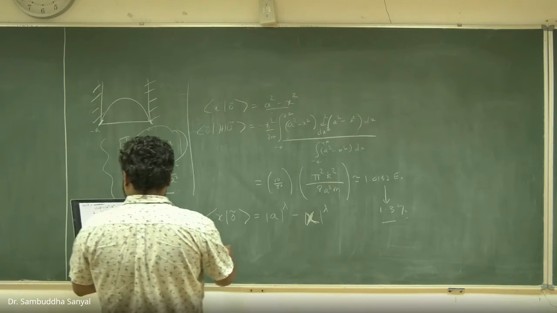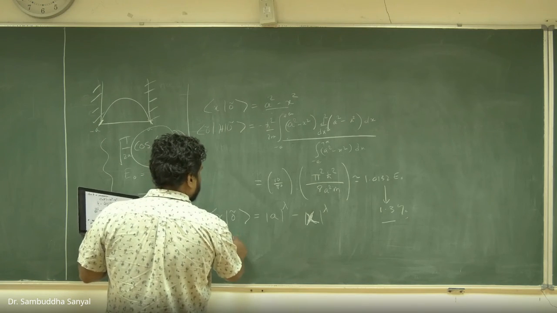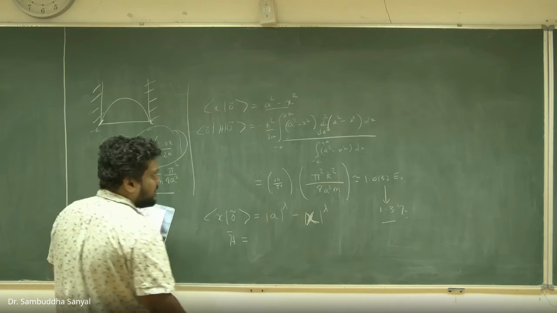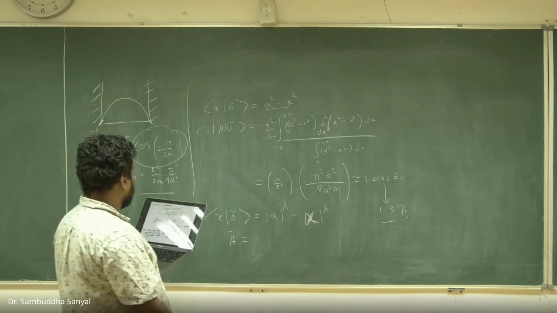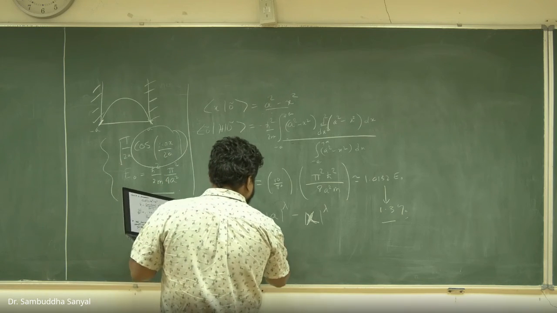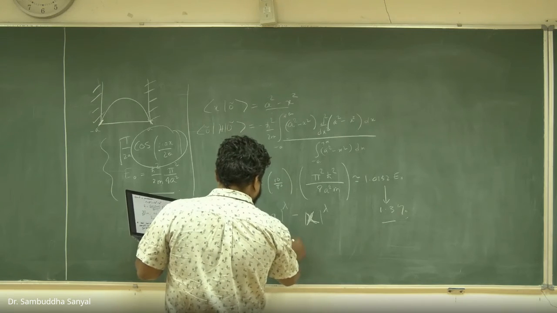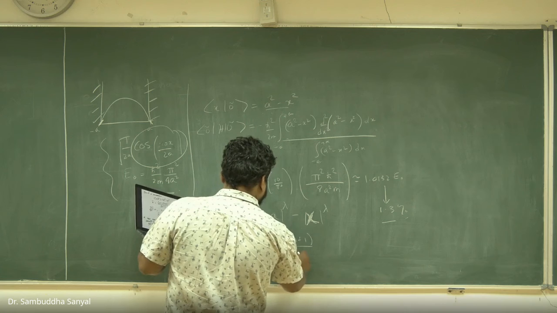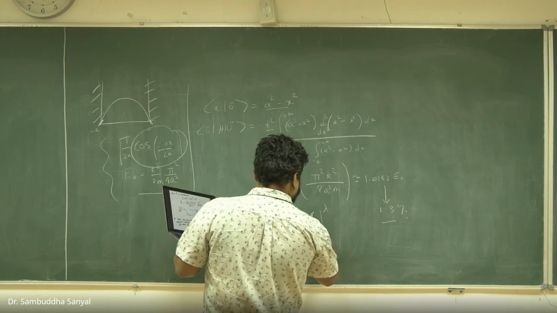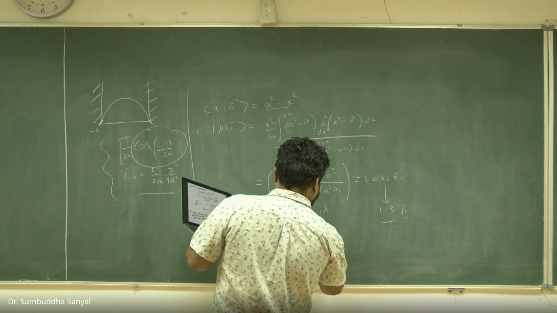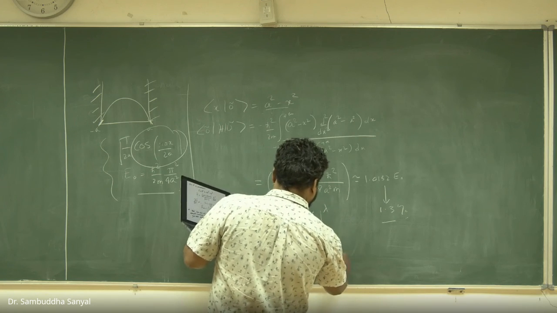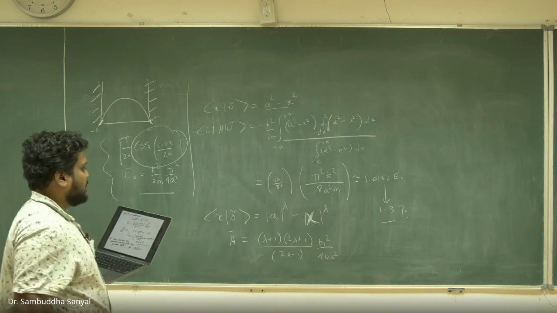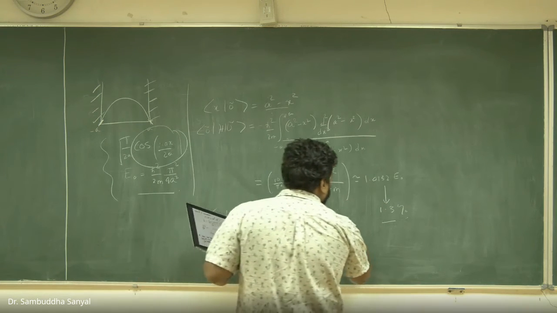So then I write down the H bar. Do a little bit of this calculation and show that the H bar will be, okay, so what we have to do? We have to do del H del lambda.